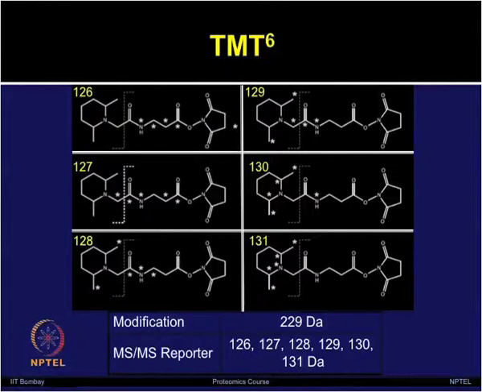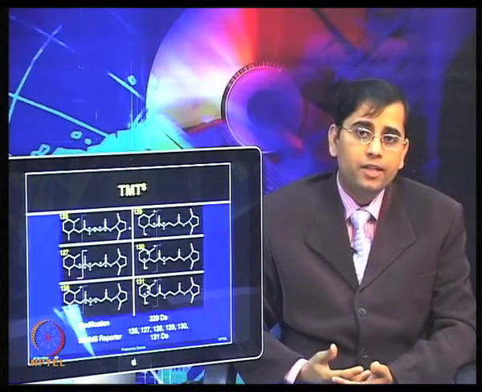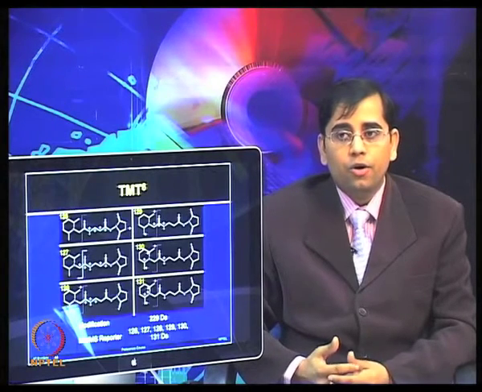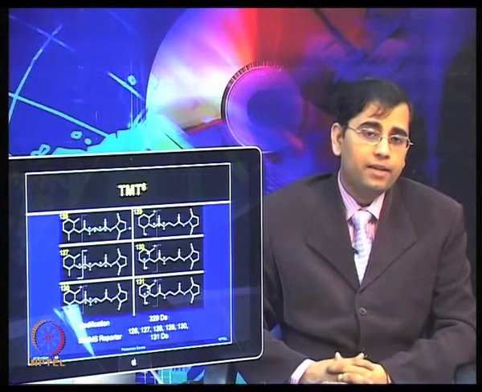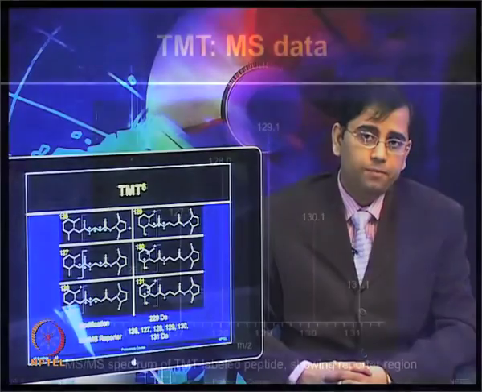The MS/MS reporter ions, as you can see in the structure, are 126, 127, 128, 129, 130 and 131 Daltons. It could be useful for studying time course, drug dose responses, replicates or looking at multiple sample disease comparison. The modification is 229 Daltons.